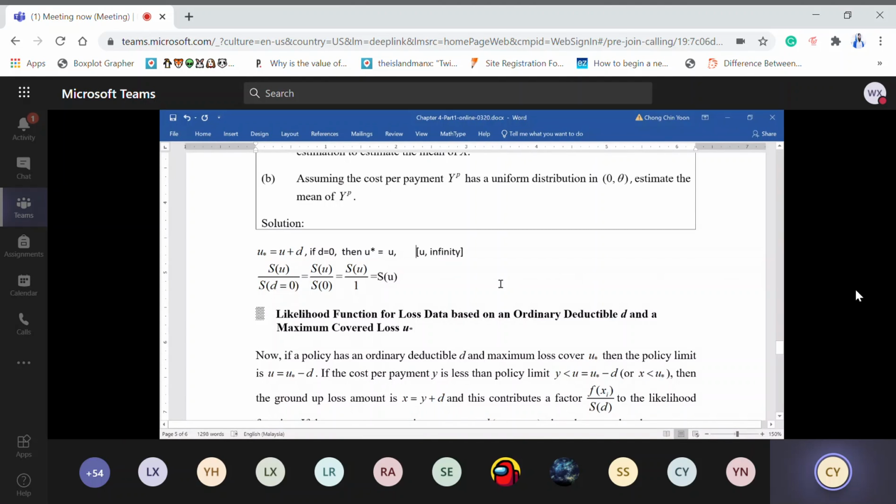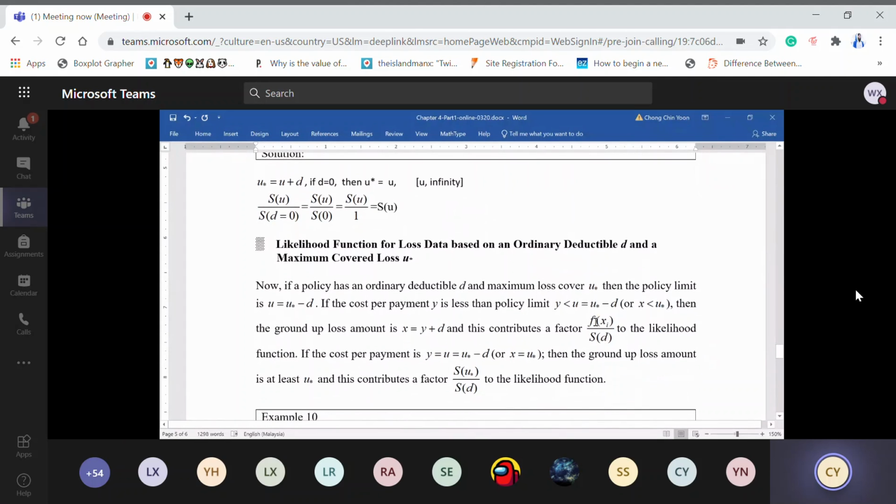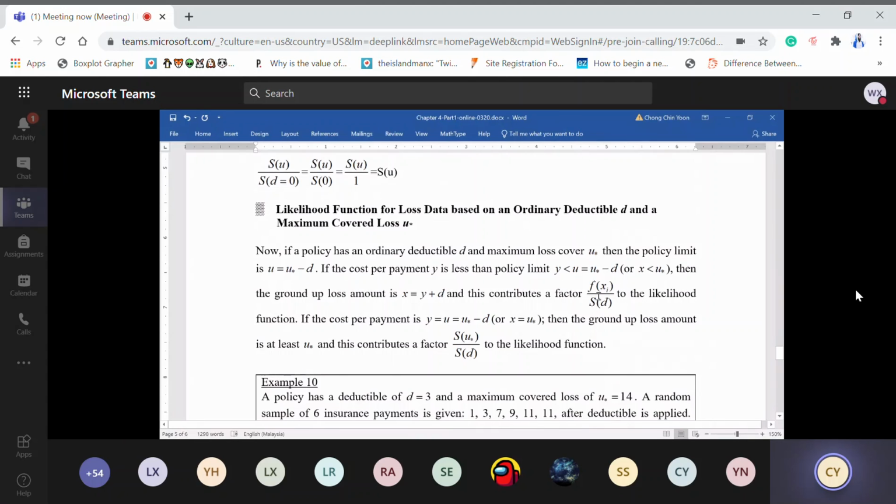Okay, class, any question? I have finished this MLE for complete data and incomplete data. The most important thing is you need to know the factor. Once you know the factor, you can form the likelihood, and from there you find the differential equation, the log likelihood.